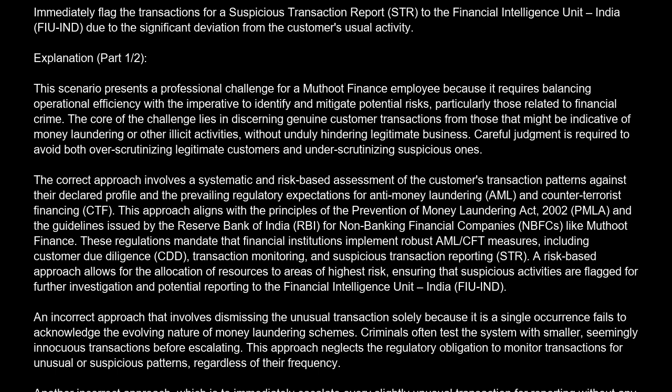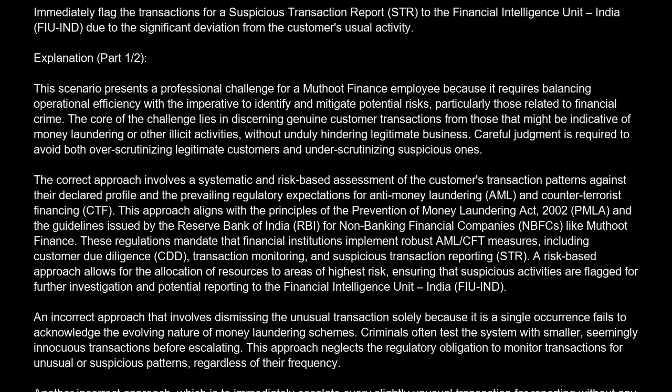The correct approach involves a systematic and risk-based assessment of the customer's transaction patterns against their declared profile and the prevailing regulatory expectations for anti-money laundering (AML) and counter-terrorist financing (CTF). This approach aligns with the principles of the Prevention of Money Laundering Act, 2002, PMLA, and the guidelines issued by the Reserve Bank of India (RBI) for non-banking financial companies (NBFC) like Muthoot Finance.